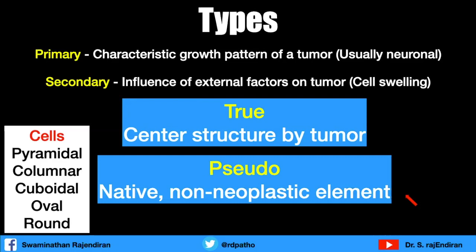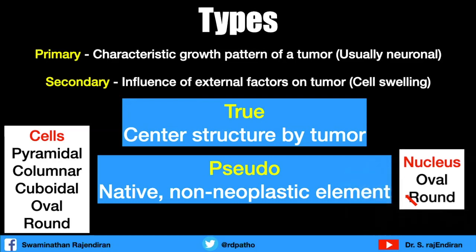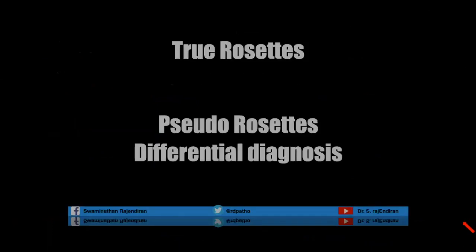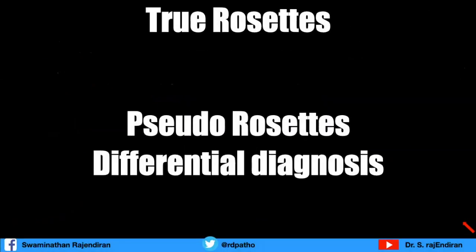The cells forming the rosettes can be pyramidal, columnar, cuboidal, oval, or round. When they are pyramidal, the base is away from the central core and apex is facing the central core. The shape of the nucleus can be oval or round. So as we told, rosettes are mainly classified on practical purpose into true rosettes and pseudo rosettes, and they have their own differential diagnosis.